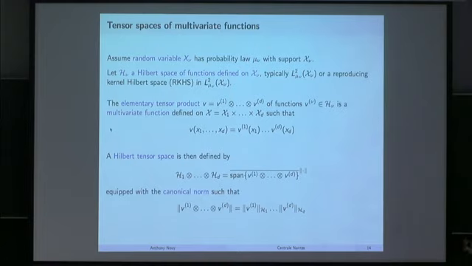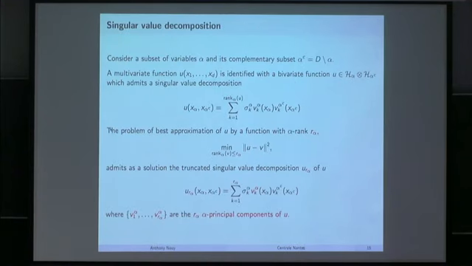So not so important, just to clarify that the results I will show you are with respect to this topology. Okay, but if you want a clear message, think about the L2 space, which is a particular case of such a space with this canonical inner product. Okay, think about L2.